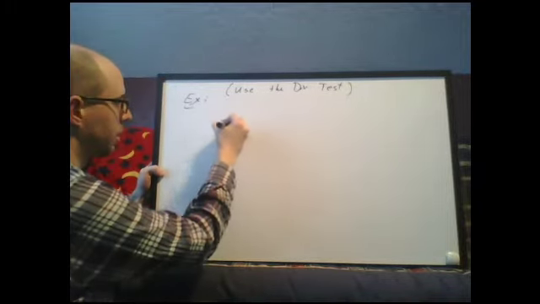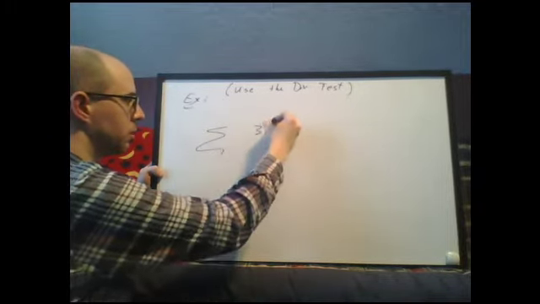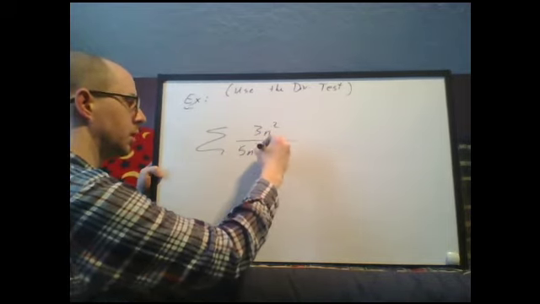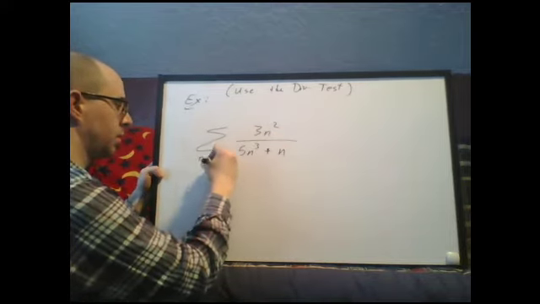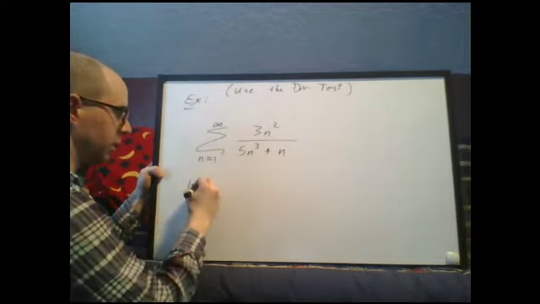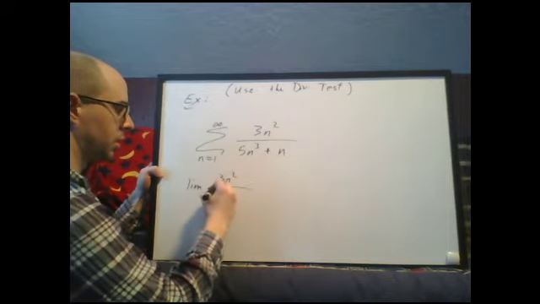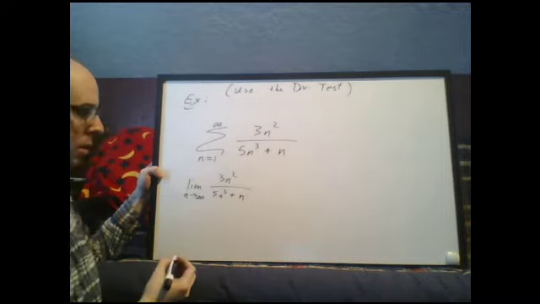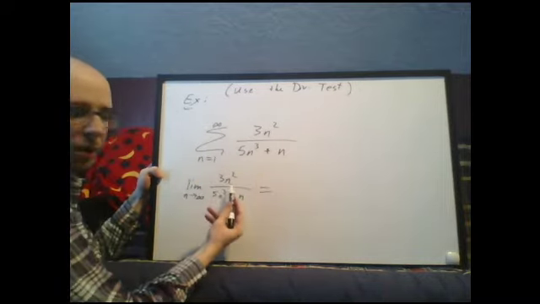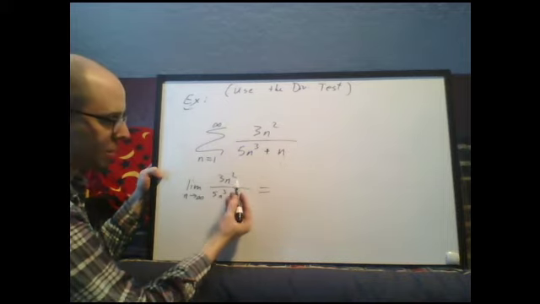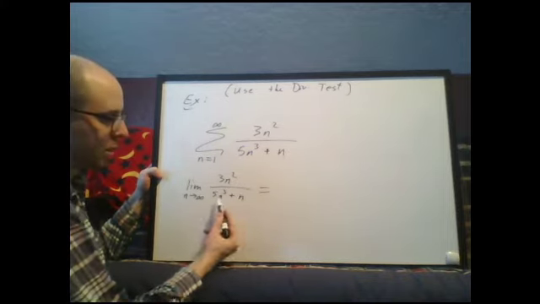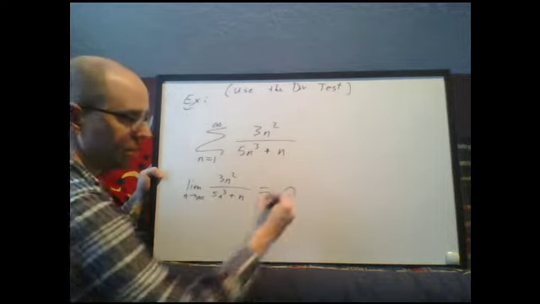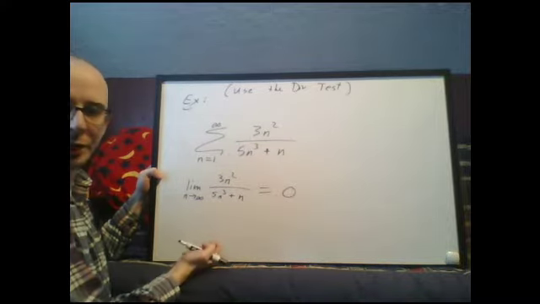So if I had, say, summation of 3n squared over 5n cubed plus n. Now look at this limit. Well, if the top degree is smaller than the bottom, so n squared versus n cubed, the bottom's going to win, and you'll have 0. Dividing by a higher degree of infinity is going to give us 0.